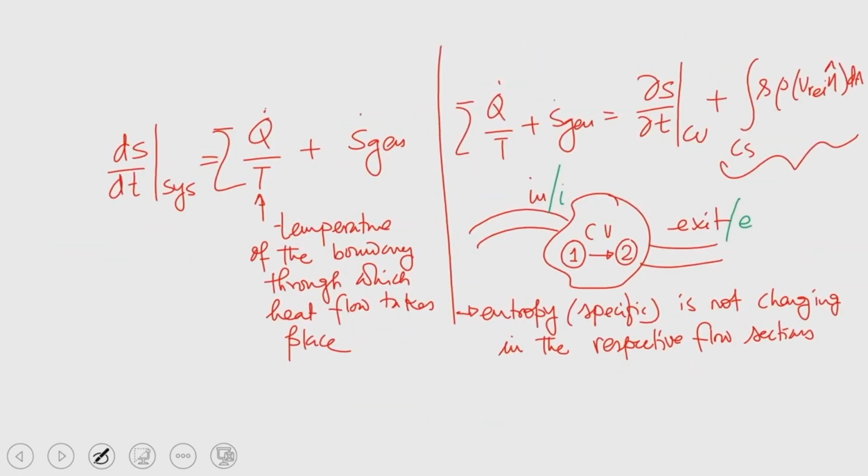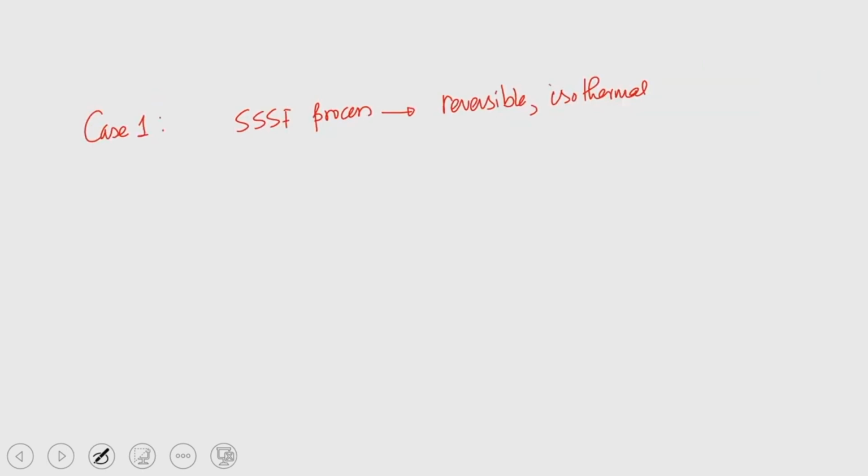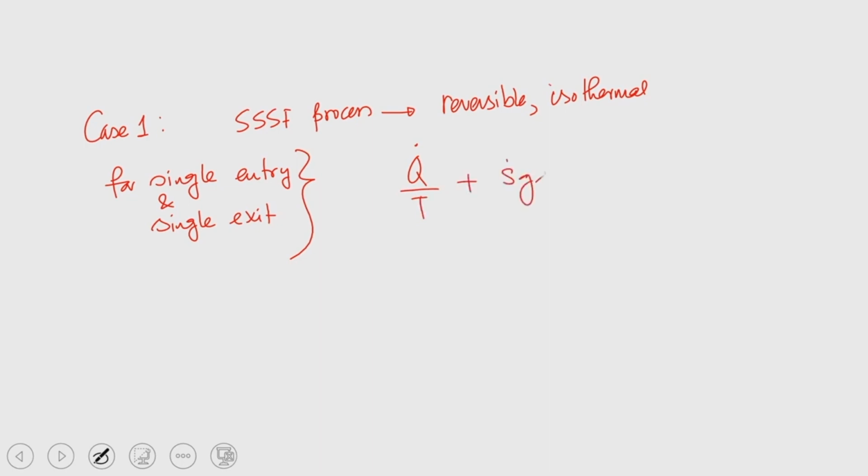So, for single entry and single exit we can write Q dot by T plus S dot gen equal to m dot (SE minus SI).